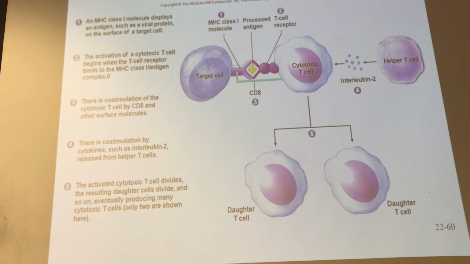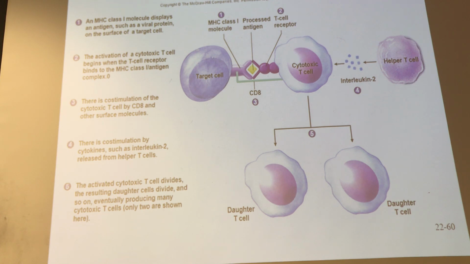Then the helper T cells surround the macrophages, all trying to mix and match their receptors to the displayed epitope on MHC2. Now, this is different. This is different because our target cell has been infected now. Because it's been infected, it's going to display everything from that virus. All of the proteins from the virus will be displayed.